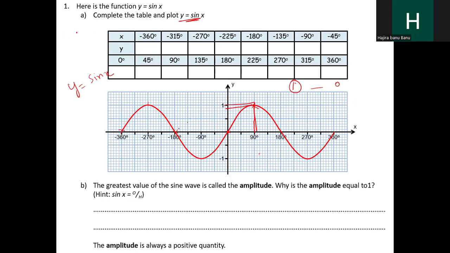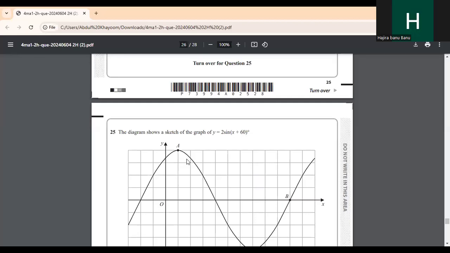Now, in our question, the graph given is, this is what you need to remember, 2 times sine of (x plus 60). So for 90 it was 1; now 90 minus 60 will give me the value of the x coordinate of point A.